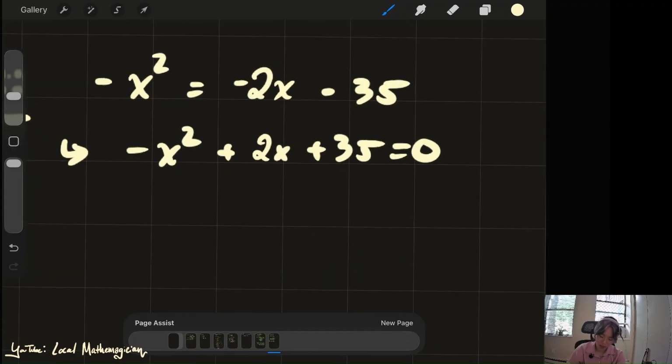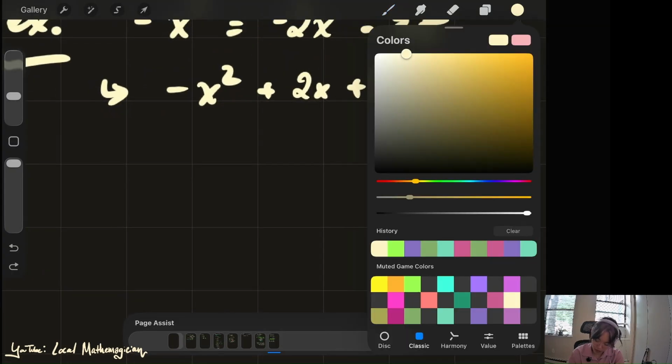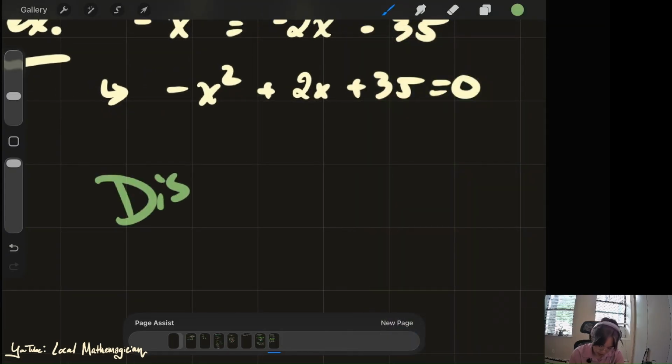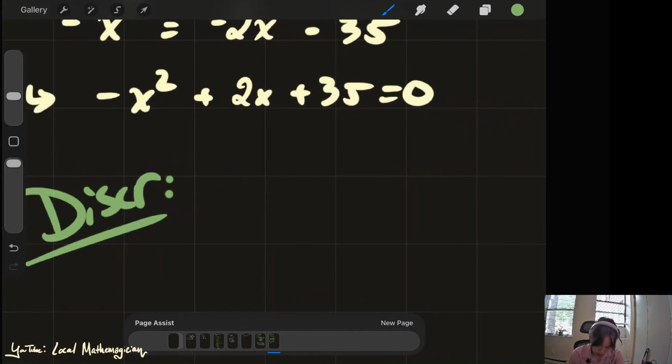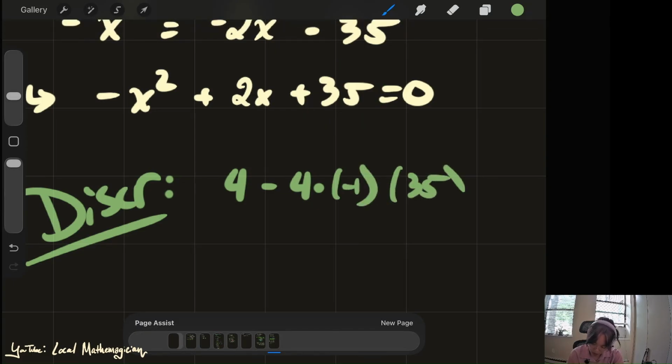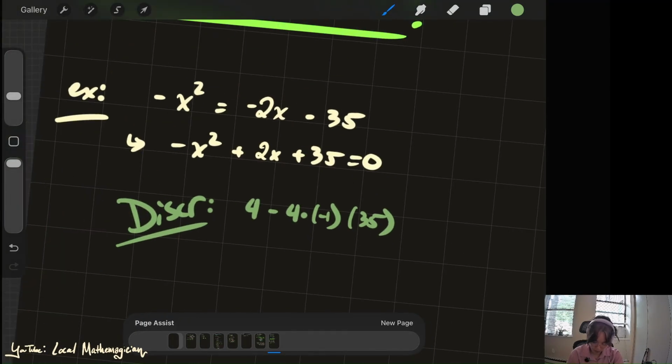All right, this is our A, B, and C. So our discriminant is going to tell us b squared minus 4 times A, which is -1, times C, which is 35. B squared minus 4ac, yep.